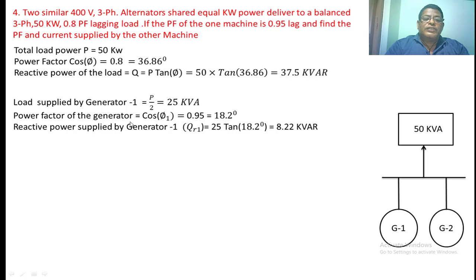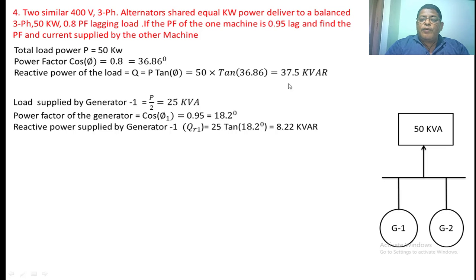The power factor of the first generator cos phi 1 equal to 0.95, that is given in the problem. So phi 1 equal to 18.2 degrees. So the reactive power supplied by the first generator is 25 into tan of 18.2 degrees, which gives 8.22 kVAr.